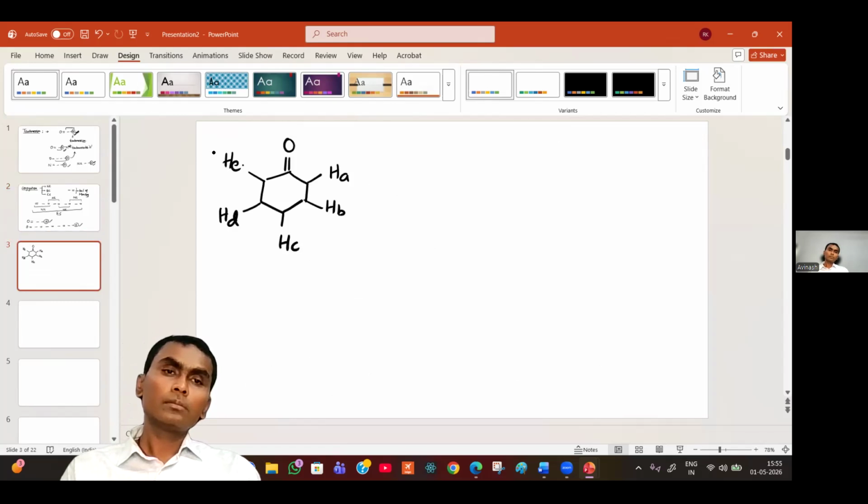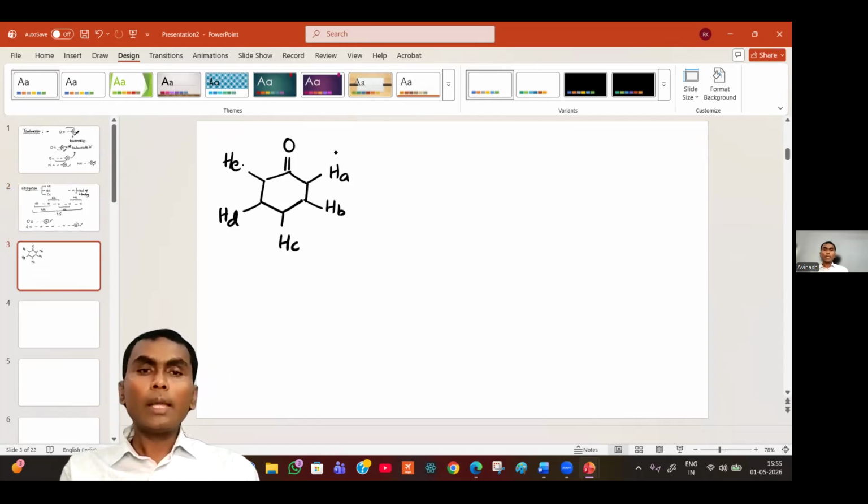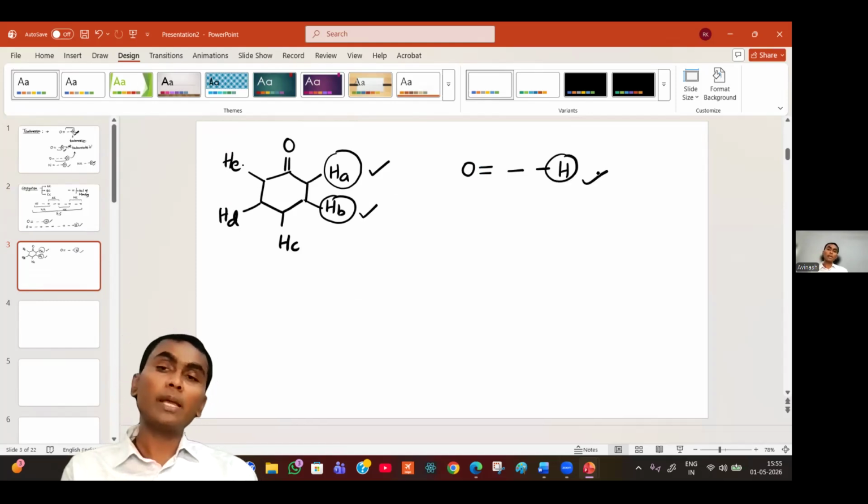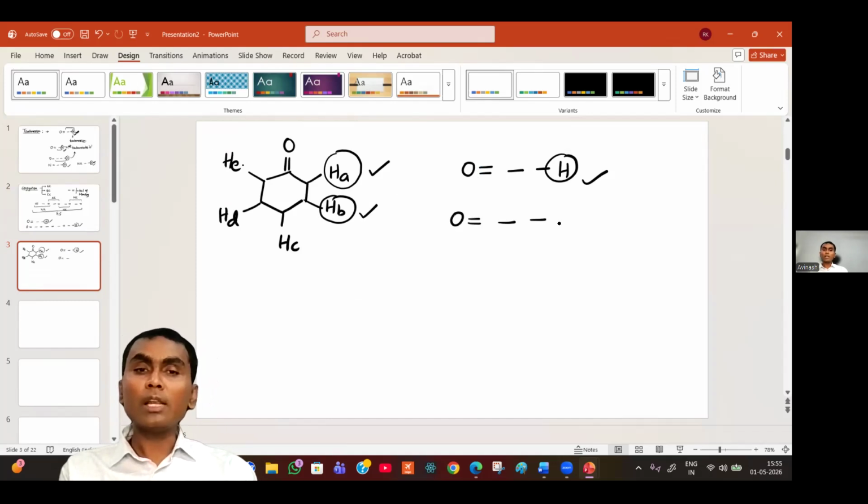Here HA is considered a tautomerizable hydrogen, while HB is not, because O double bond single bond hydrogen can behave as a tautomerizable hydrogen, but O double single hydrogen in this arrangement cannot behave as a tautomerizable hydrogen.